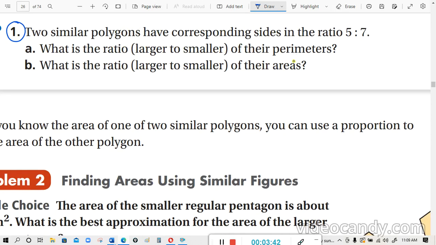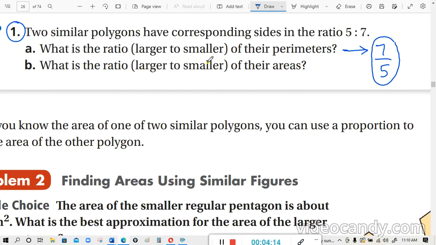Since they asked for the larger one first, that is going to be 7 over 5. They gave us the ratio of the side lengths with the smaller one first, but for part A, they said larger to smaller. So I just put the larger one in the numerator and the smaller in the denominator. So that's it for part A.